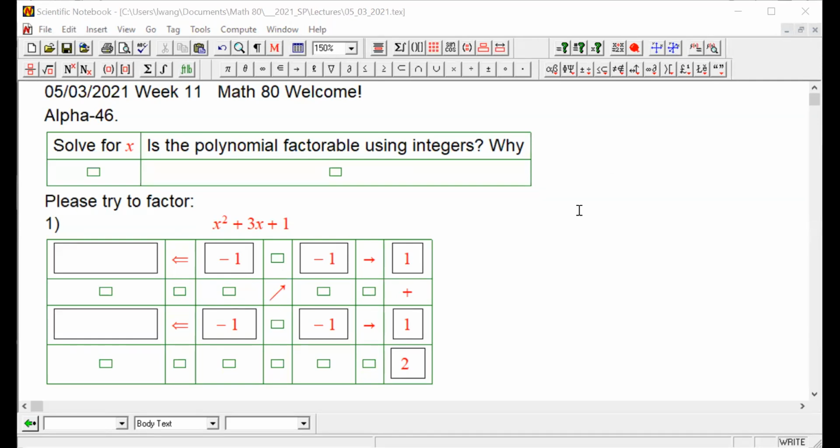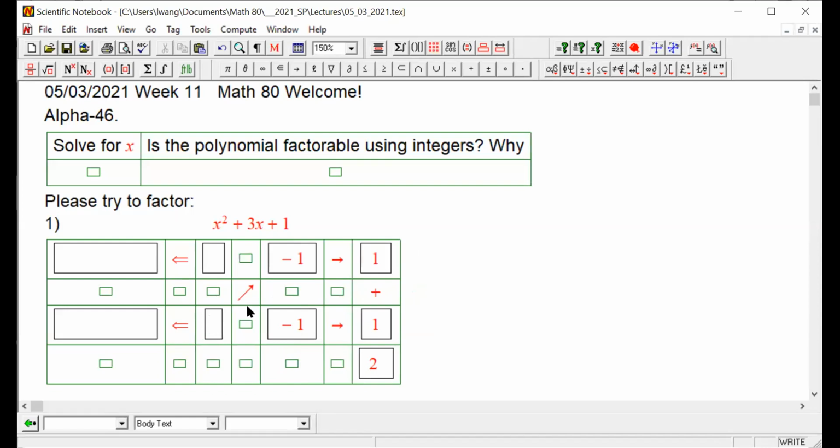Anybody found it? Nothing worked, right? Even using the method you have learned before, I believe you're not going to be able to find it.